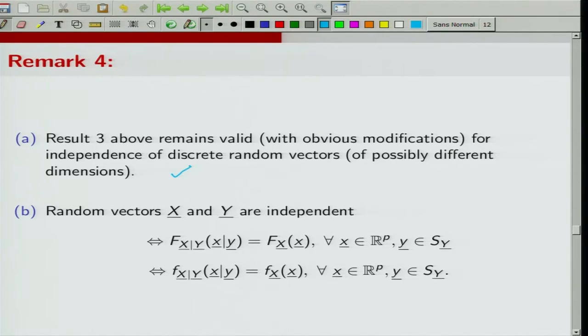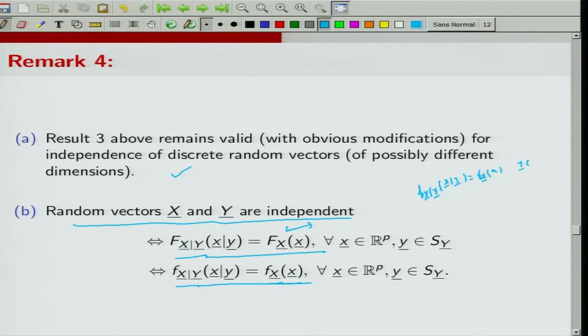Another thing worth noting over here: random vectors X and Y are independent if and only if the conditional distribution function of X given Y is the same as the unconditional distribution function of X. That is equivalent to saying that the conditional probability mass function of X given Y is the same as the unconditional probability mass function of X. That follows from the fact that, for example, fX|Y(x|y) is the same as fX(x) for y belonging to Sy.